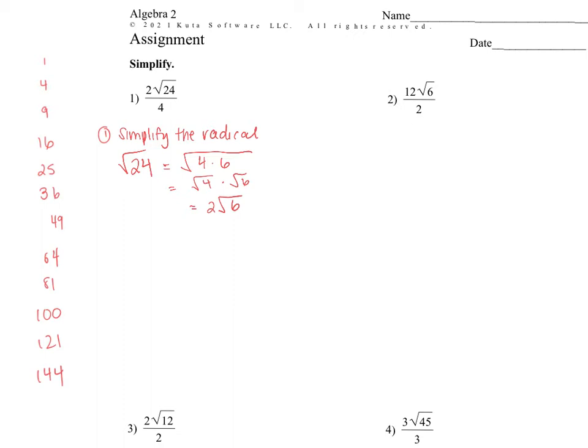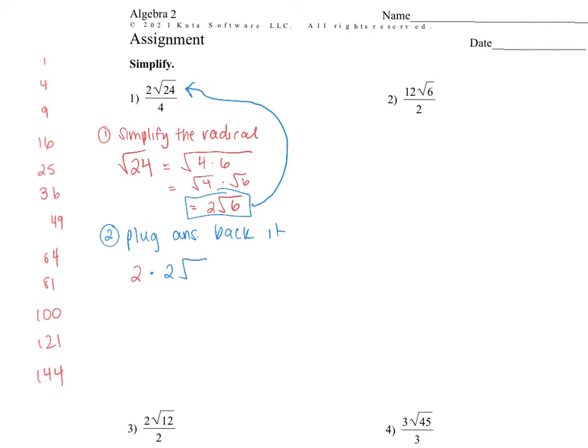So now that we have this, we need to plug our simplified radical back in for 24. So plug answer back in. And what I mean by that is I have 2 times 2 square root of 6 all over 4. So I plugged my answer back in for the square root of 24.